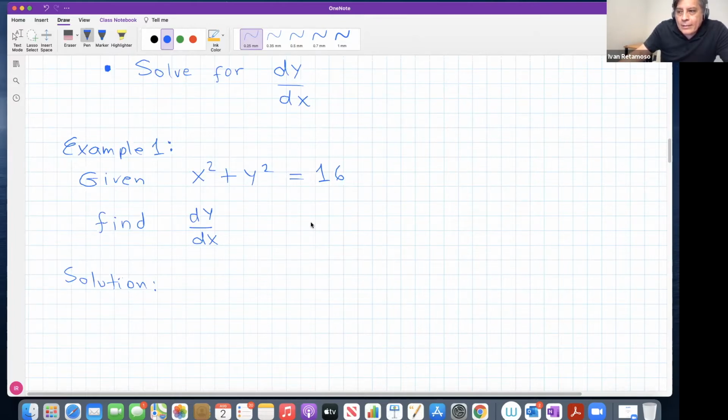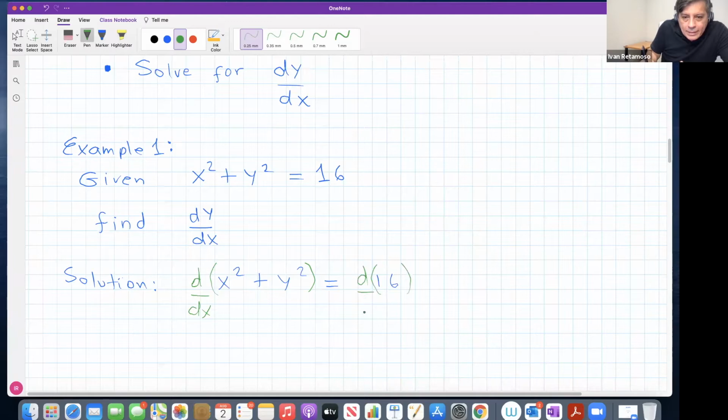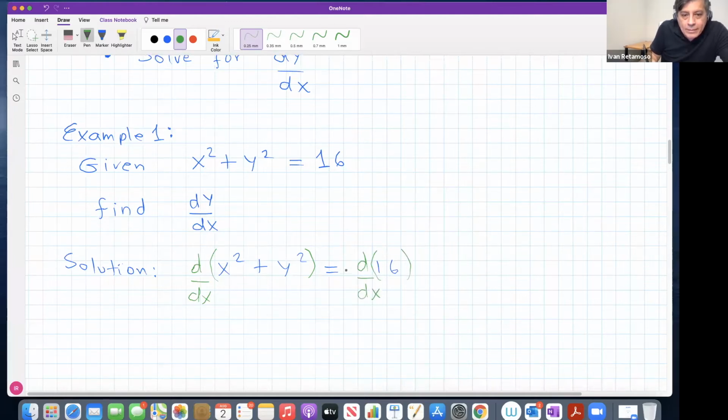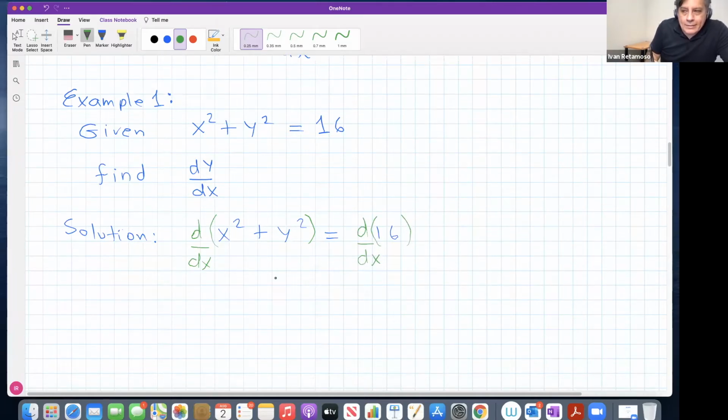The method says step 1, take the derivative of the left side, take the derivative of the right side. Look, the derivative with respect to x of the left side, since these two are equal, should be equal to the derivative with respect to x of the right side of the equation, right? That's the first step.